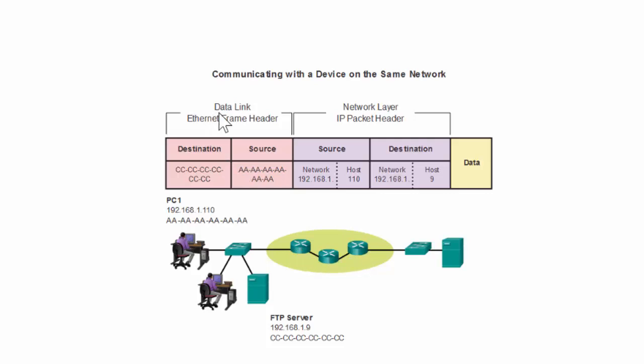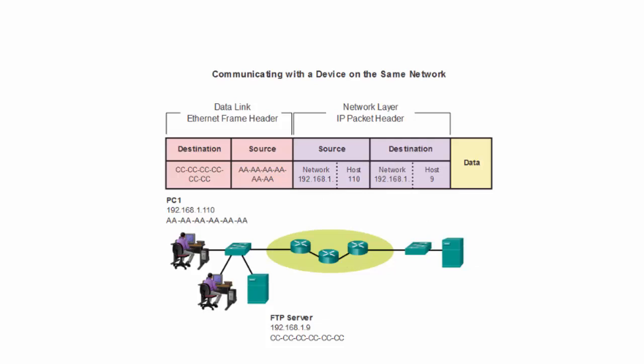Whereas the data link layer address defines the source and destination physical address, which facilitates the delivery of information across one network. So as we can see, this is one network, and when we move across routers, we move across different networks. So the transmission of frames within a single network uses the data link layer address, whereas the transmission of information across different networks uses what we call the IP address.